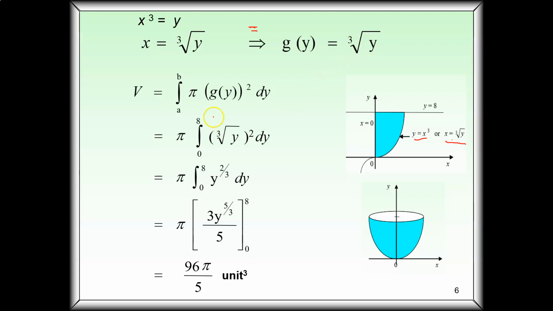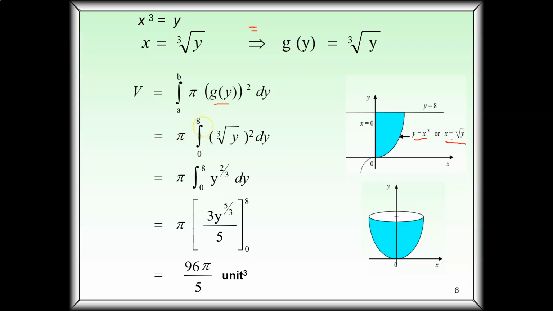Okay. So we are going to calculate the volume, integrate from a to b pi, this is the formula given earlier, g(y) squared dy. It means g(y) is the function in terms of y. Don't forget the square over here and dy. So the pi over here, you put at the front and then you integrate from 0 until 8.